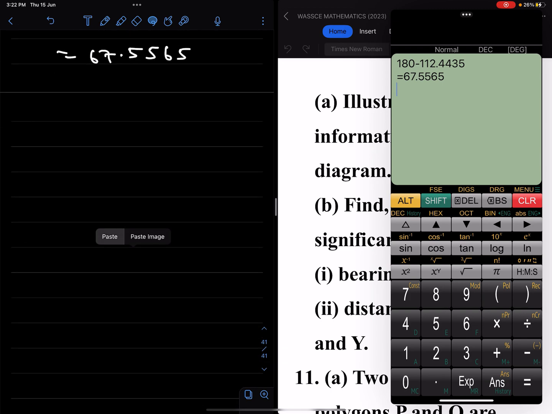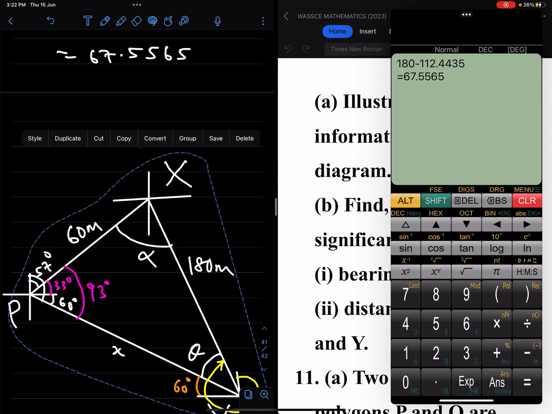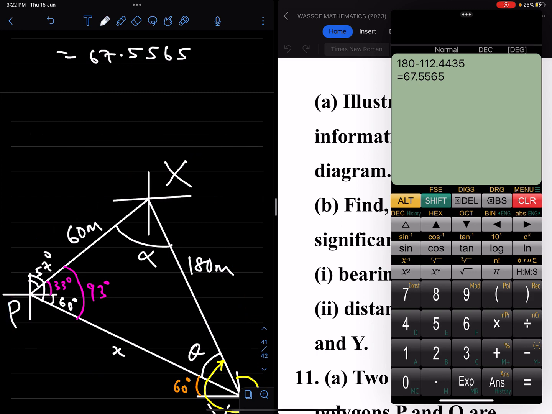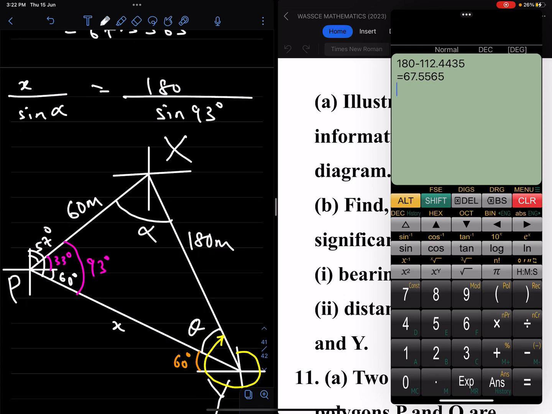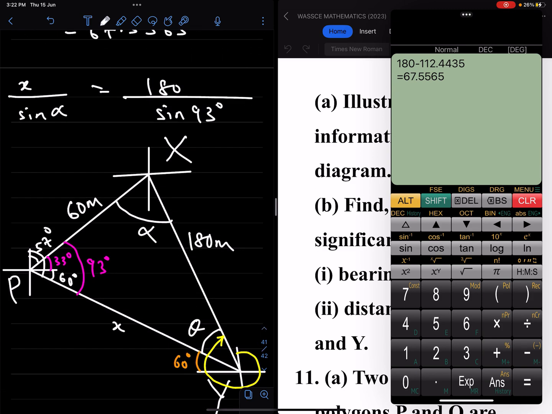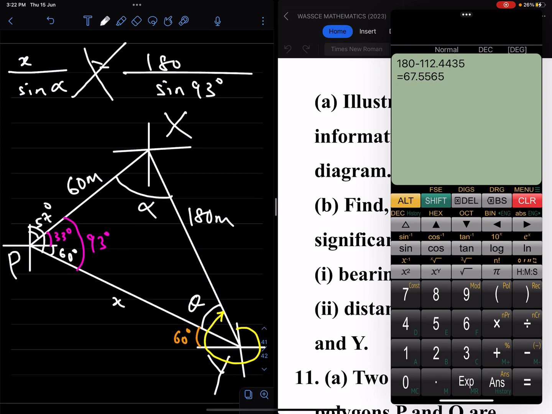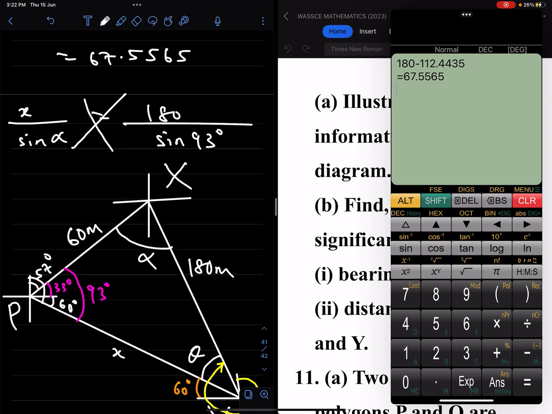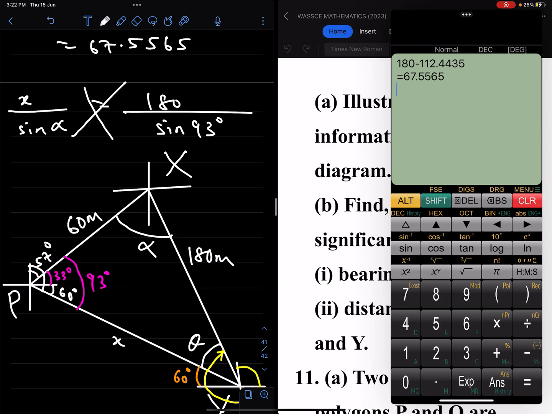So x over sine alpha equals 180 over sine 93. If I cross multiply, x is equal to 180 sine alpha over sine 93 degrees.